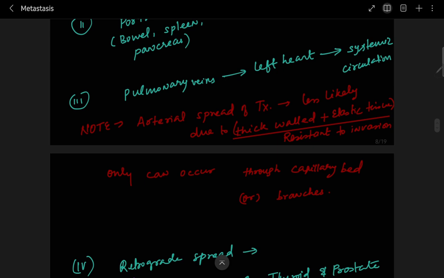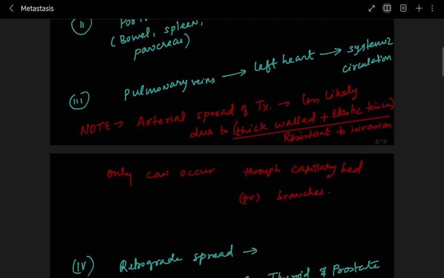Now the important point is the arterial spread of tumors. Arterial spread of tumors is less likely. Why? Because the artery is thick walled with elastic tissue, as everyone knows, so arteries are mostly resistant to invasion.